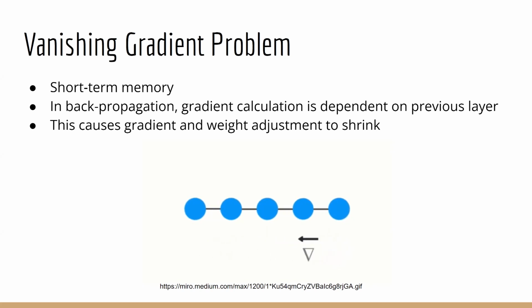And this calculation, as you can see, when you go down, is dependent on a previous layer. Because it's dependent, it causes the gradient and weight adjustment to shrink. So because of this, you would have short-term memory.